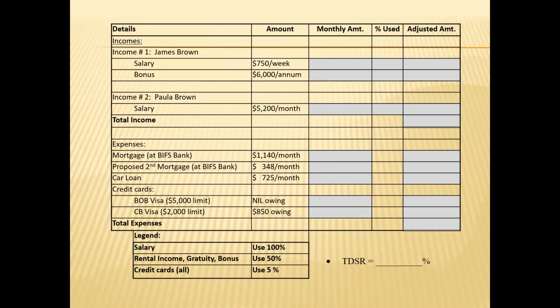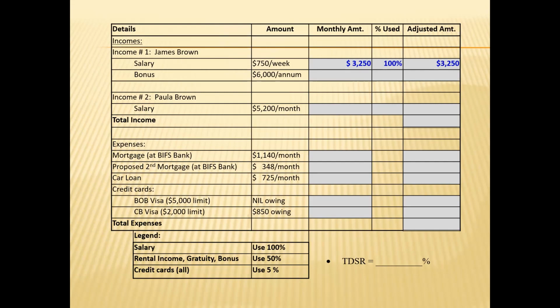How do we deal with that in terms of monthly payment, percent used, and adjustment amount? 750 times 52 weeks divided by 12 gives you 3250 a month. And how much of that do we use? 100%. And then the adjusted amount? 3250. Yes, okay, good. How do we deal with this bonus?